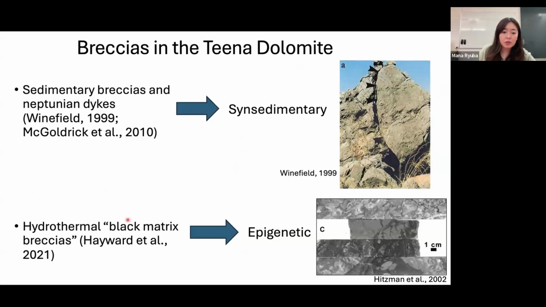They've been called black matrix breccias, a hydrothermal breccia commonly associated with Irish type deposits, which are more similar to MVT type deposits. So that would be an epigenetic origin. I think it's interesting that the story of the breccias seems to mirror the different ideas for how stratiform zinc deposits form.